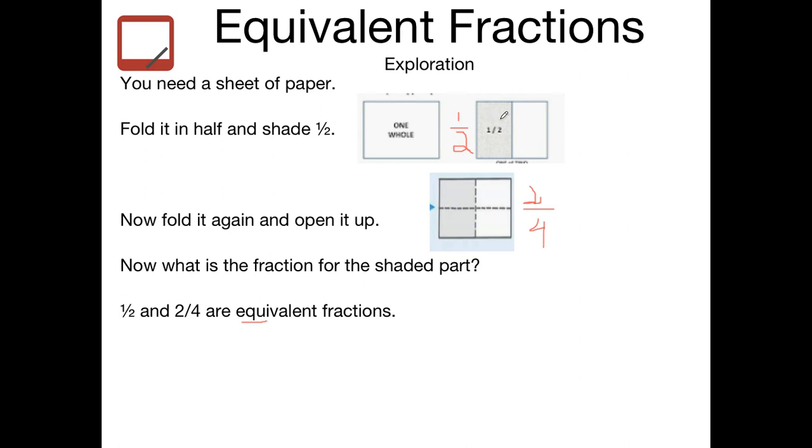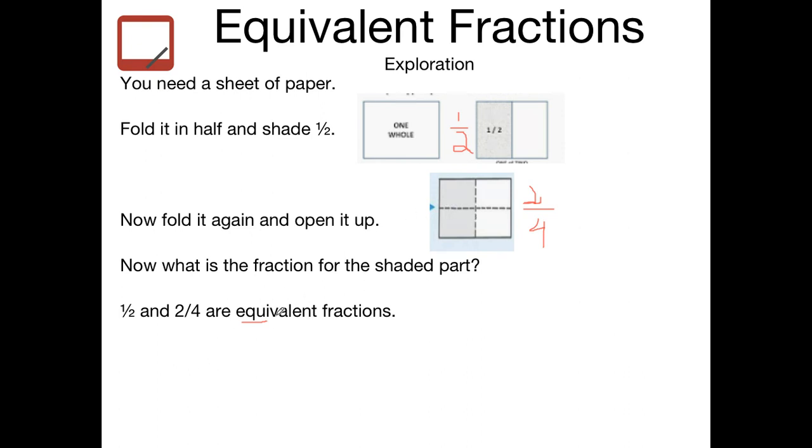So we think about what amount of a whole it is representing. So one half and 2/4 are equivalent fractions because they represent the same amount. The shaded parts are the same. The pieces are different, but the shaded part is the same amount. So they are equivalent fractions. Easy peasy.